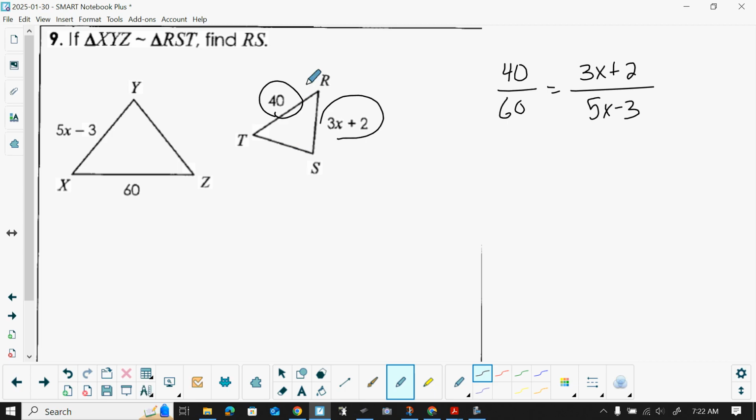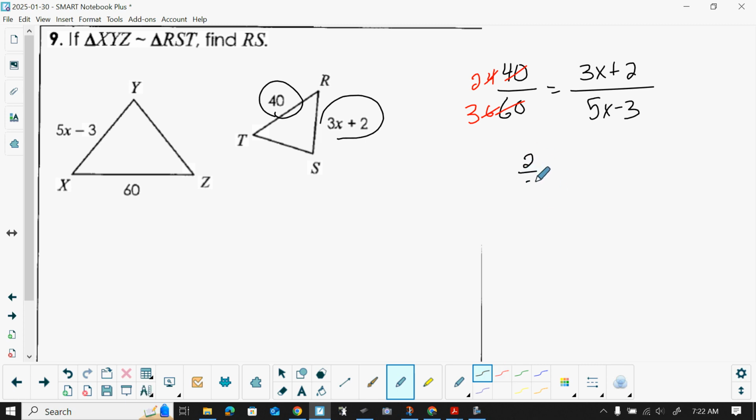Notice RS, first two, XY. Again, I can simplify these. I know that 10 goes into both, giving me 4 and 6, but then I actually know that can be simplified again because 2 goes into both, 2 and 3.